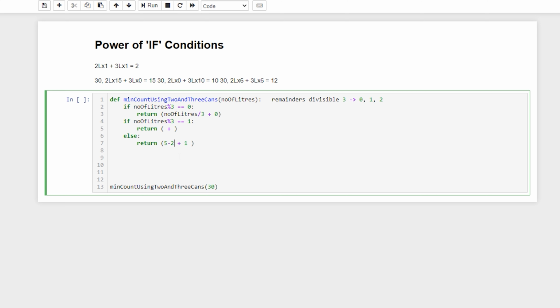Then that total value you need to divide by 3, which means number of liters is 5. 5 minus 2 is 3. So 3 by 3 is 1. So 2 will be the answer, like 2 liters and 3 liters, 2 counts.